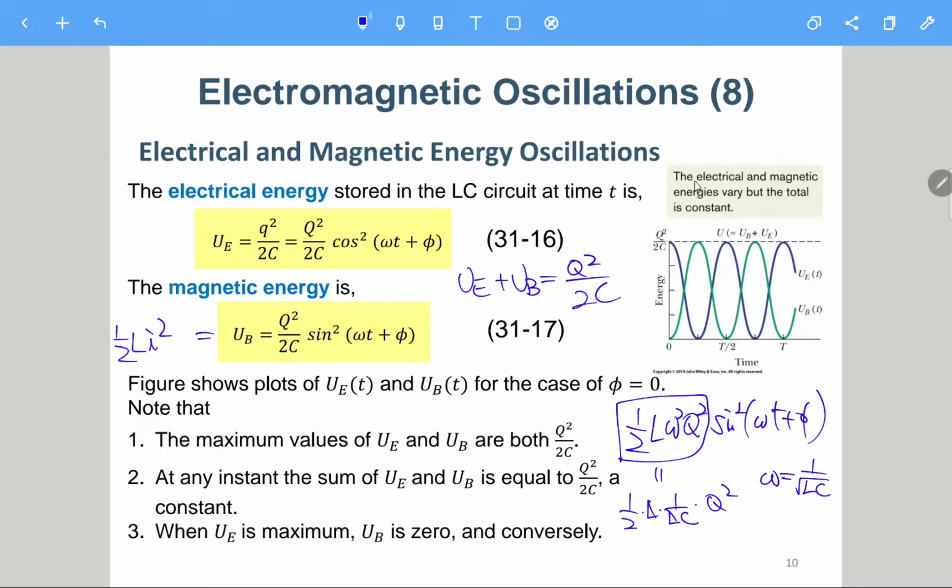You may be confused about why cosine square is still a sinusoidal, but if you have learned trigonometry, cosine square of x is 1 plus cosine of 2x, over 2, something like this.